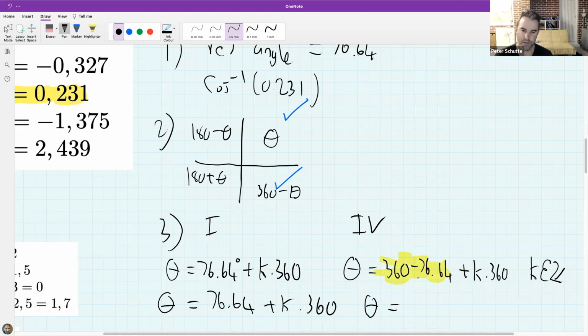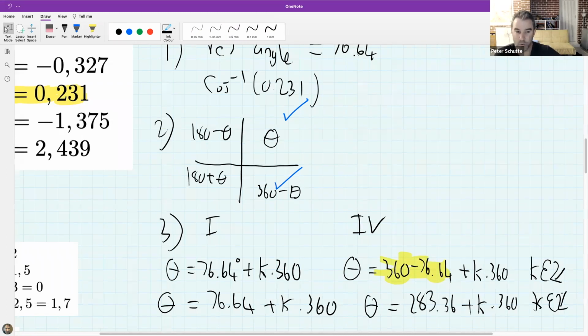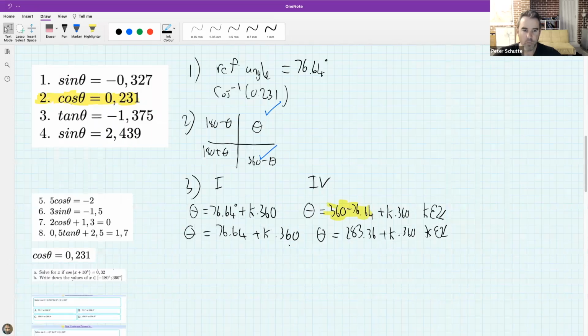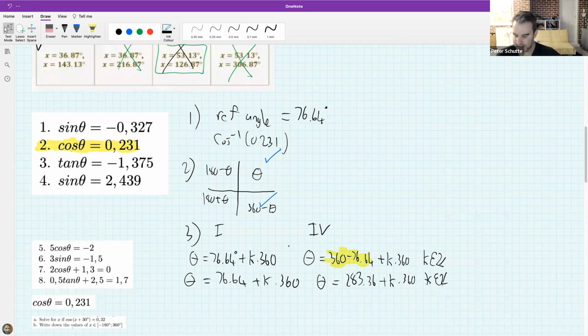Who has an answer for that little yellow bit? So we get 283.36. Okay, now here is where we need to see if things are working out well for us. I want you to type in your calculator the cos of 283.36.